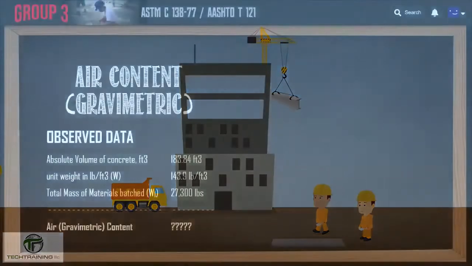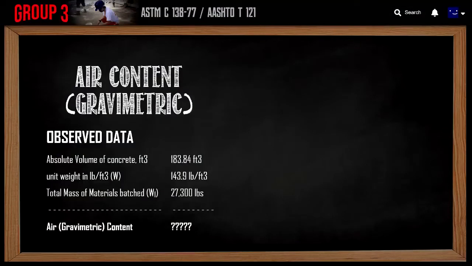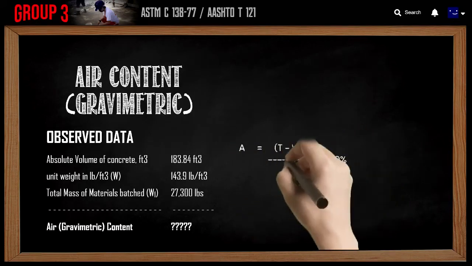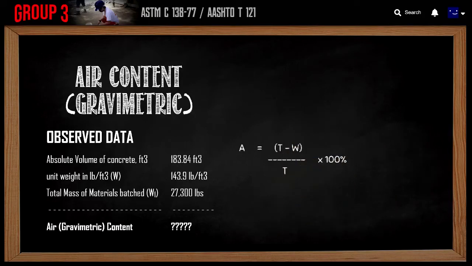Now, the last calculation that you may be asked to do is to calculate the air content using the gravimetric method. What we want to do is take T, which is the theoretical density, minus the actual density, divided by the theoretical density, times 100%. And a quick note, the theoretical density is the density of the concrete computed on an air-free basis in pounds per cubic foot.